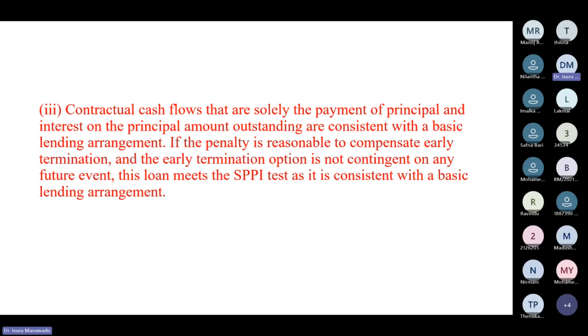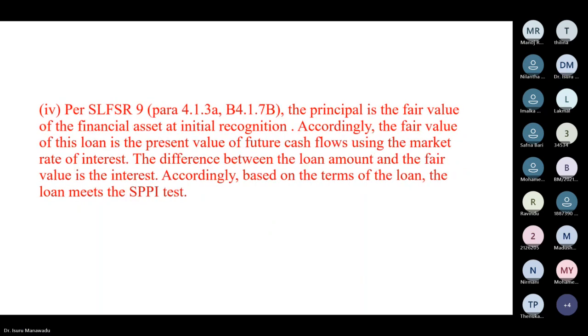If the penalty is reasonable to compensate early termination, yes, we can say the loan meets the SPPI test as it is consistent with the basic lending arrangement. So even though there is early settlement, they have charged reasonable compensation for that. So it meets the SPPI test.